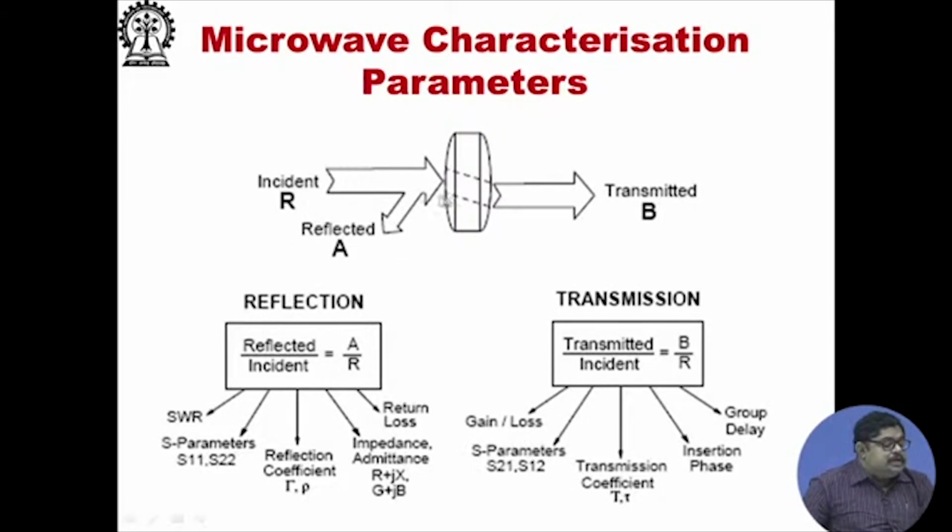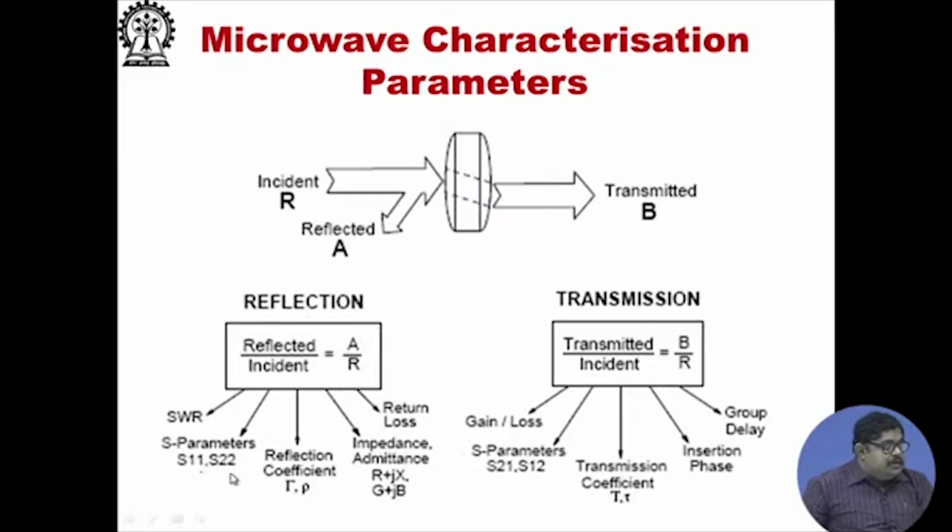Now, these are the reflection phenomena. So, I have an incident wave, some reflected wave comes, some power gets transmitted. Reflection gets characterized by reflected by incident, A by R. One of those is SWR. At that time we have seen that the reflection coefficient and VSWR are quite related.